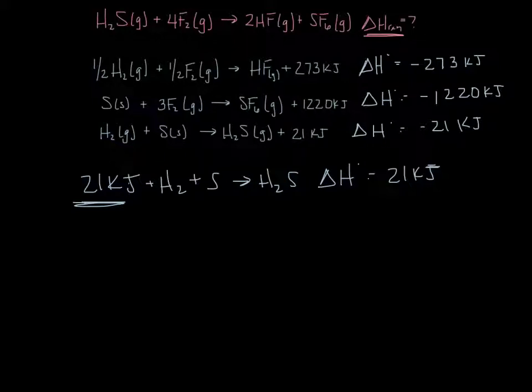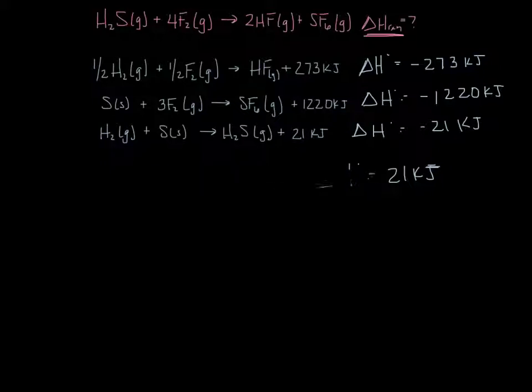So I'm actually adding energy to my two reactants to form H2S. So if your kilojoules, your energy, is on the product side, it's an exothermic reaction, releasing heat. If your energy is on your reactant side, it's absorbing energy, an endothermic reaction. Just something to keep in mind on your test.